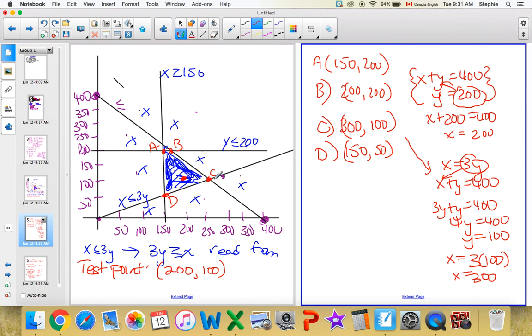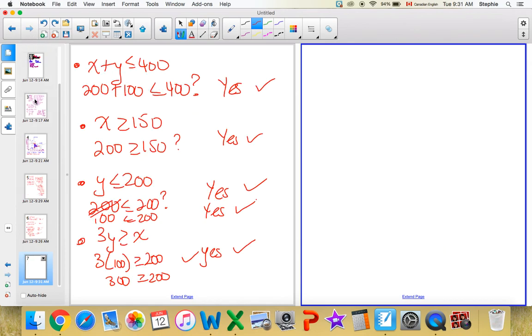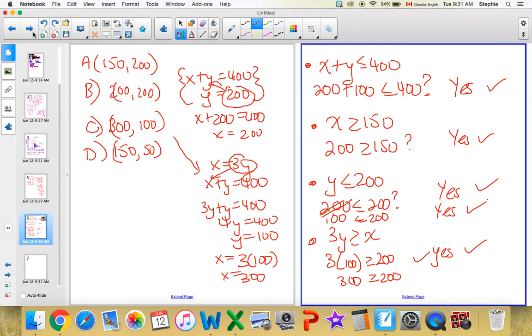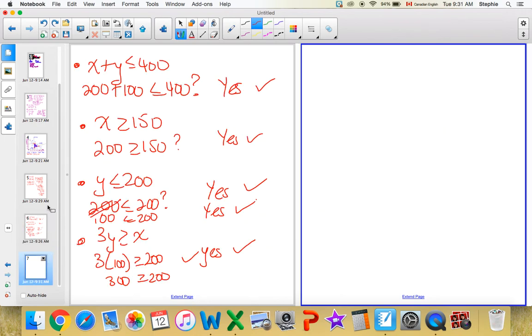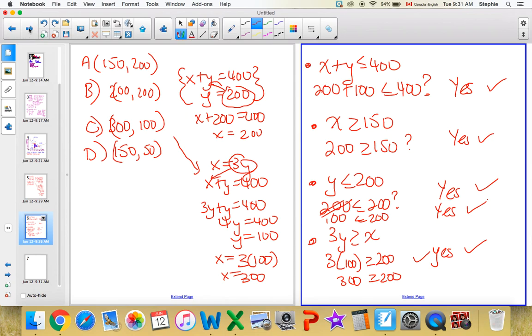I'm going to look at what the function rule is. So according to my function rule, let me put that page over here. Okay, according to my function rule, where did I put that page?